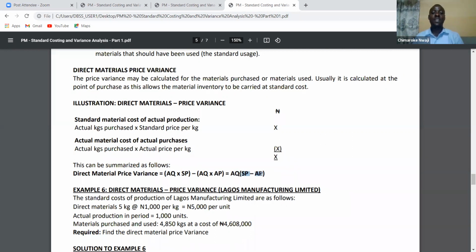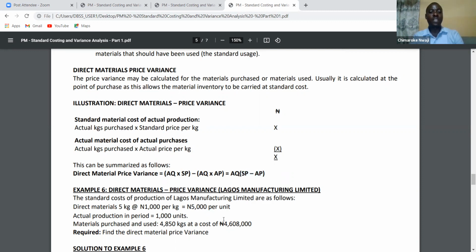There is a difference in the standard price and the actual price. That is why it is called a price variance. Given the actual quantity is fixed, unchanged, constant, what is the difference in price that is causing this variance?